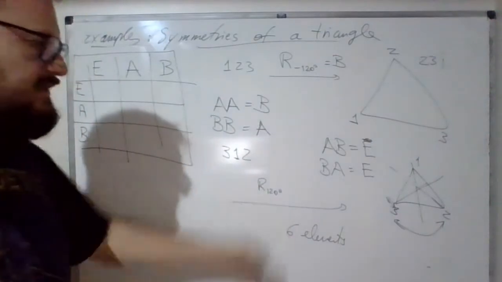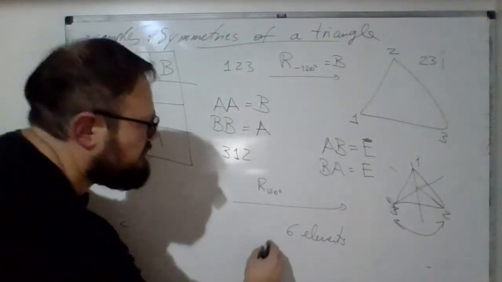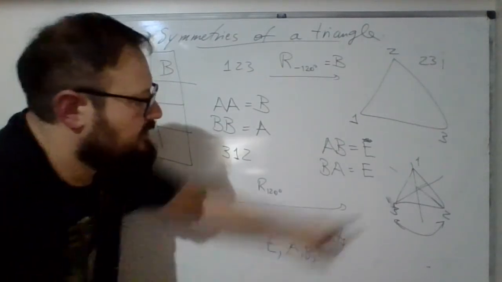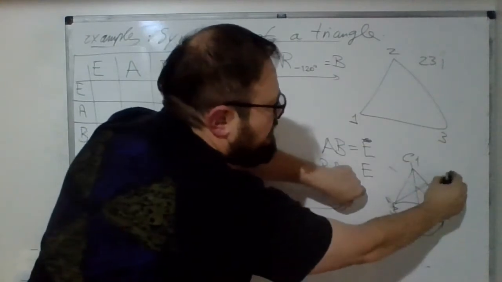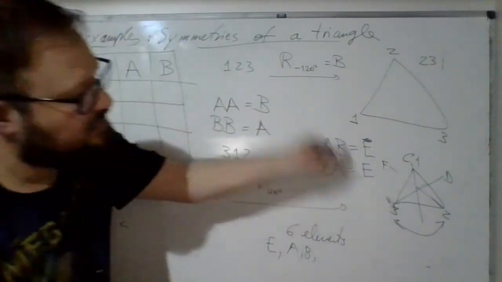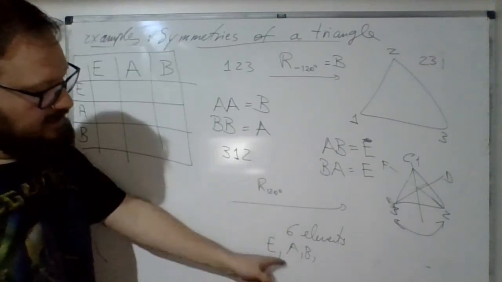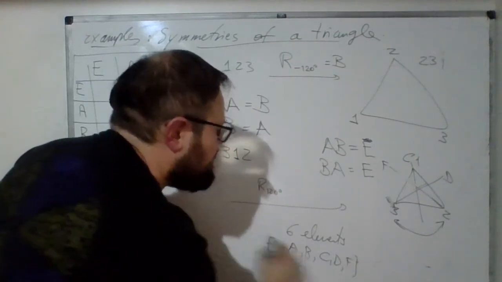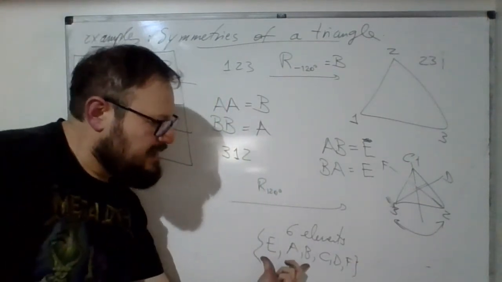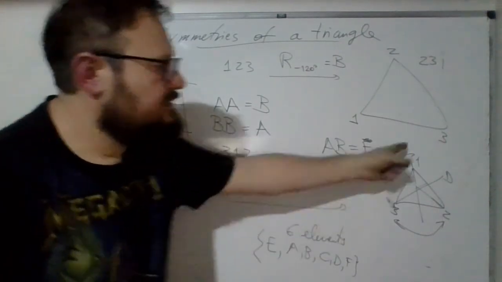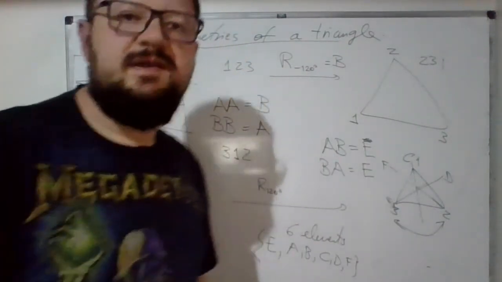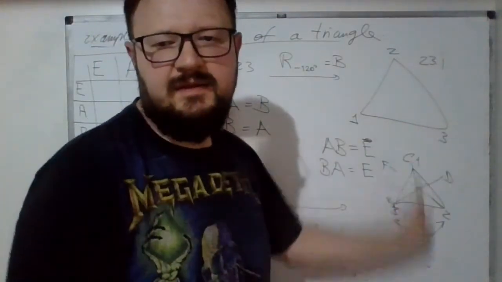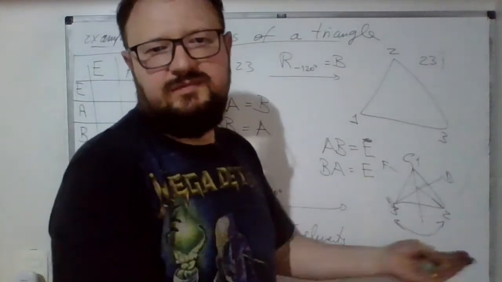All right, there are 6 elements in the group of the triangle, which are the identity E, A, B, and suppose this is C, this is D, and this is F, because I already used the letter E here. So C, D, and F. There are 6 elements. These 3 elements here form a subgroup, and any reflection forms a subgroup with the identity, because if you reflect once and you reflect again by that mirror plane, you just get the identity.